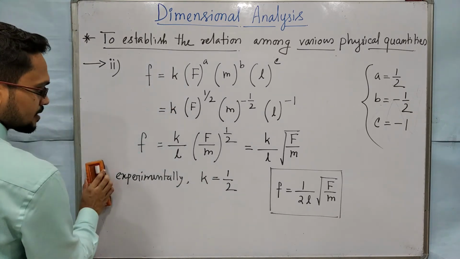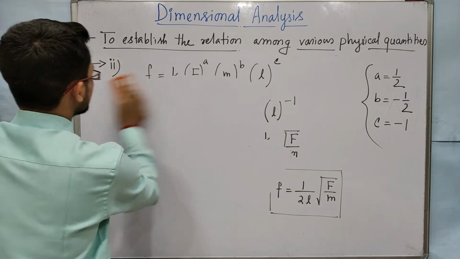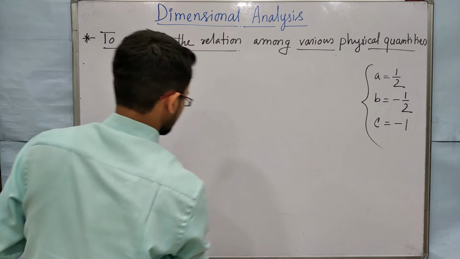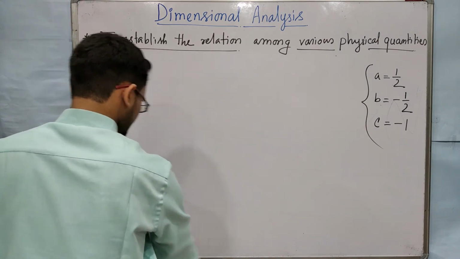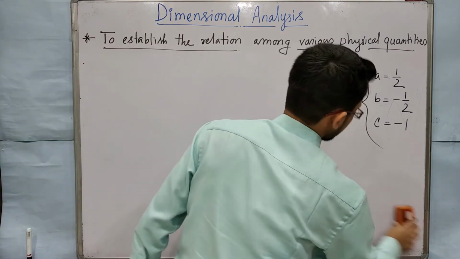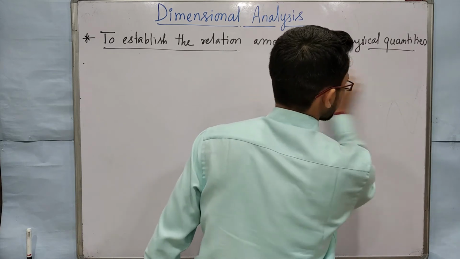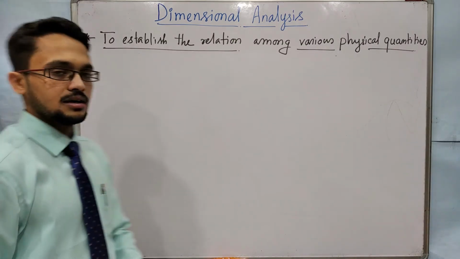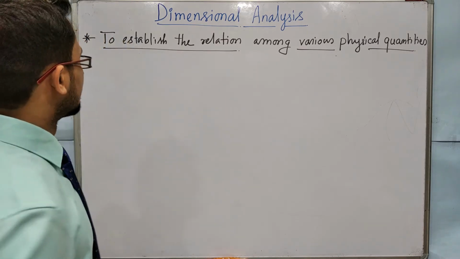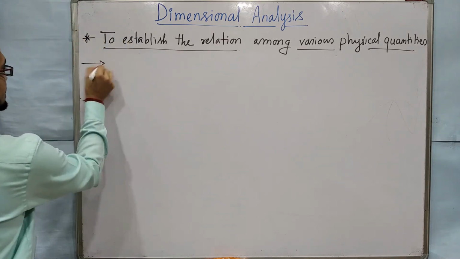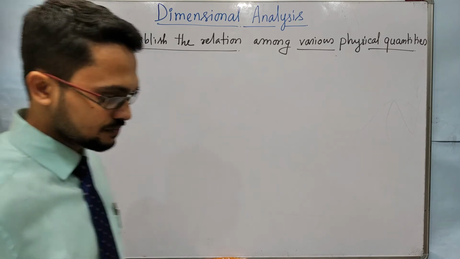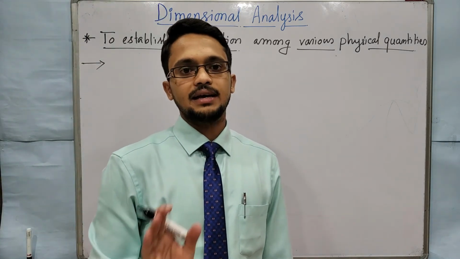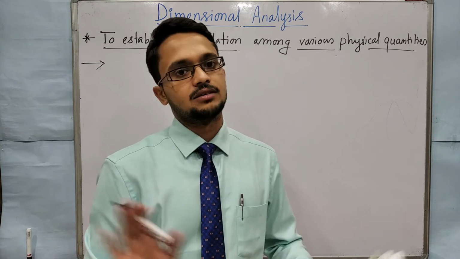Now we will do another kind of numerical that is very very important for IIT JEE Mains and Advanced. You can get this kind of problem in NEET also. In this next kind of problem, we will consider that M, L, T are not the basic quantities.